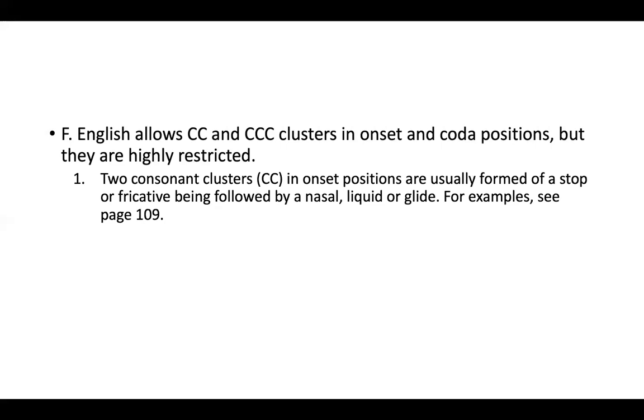On page 109, you can see several words that start with 2 consonant clusters. These 2 consonant clusters in onset positions are usually formed of a stop or a fricative, being followed by a nasal, liquid, or a glide. On page 109, you can see examples of words such as a fricative s followed by a glide w, like sweet.